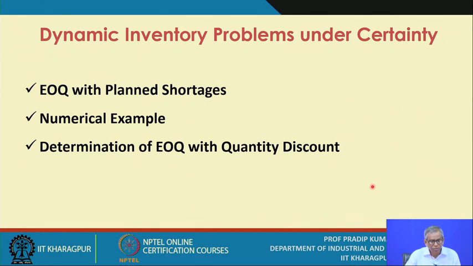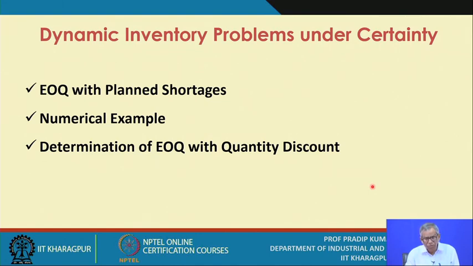Then we will go through a typical numerical example, and then we will bring in the important issue called the quantity discount. Quantity discount essentially says that if the order quantity is more, you offer a lesser unit price.